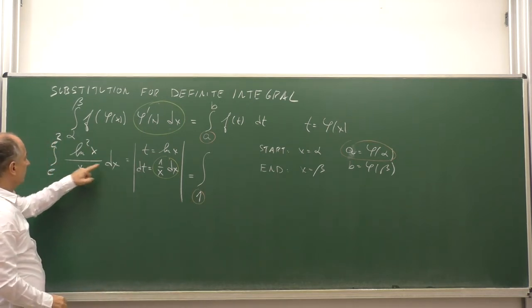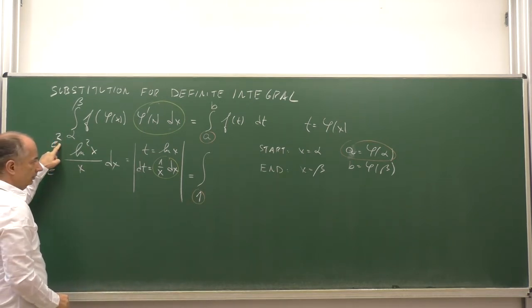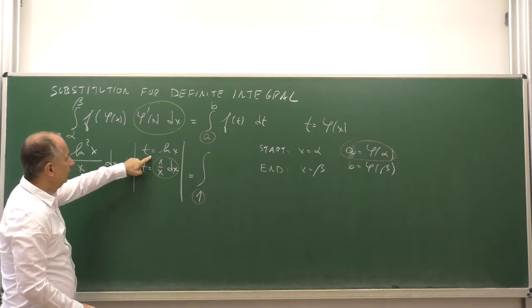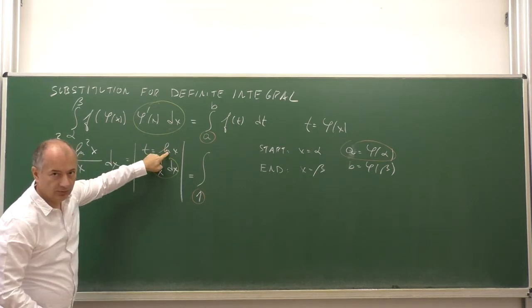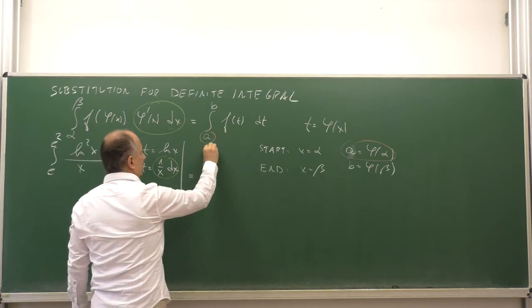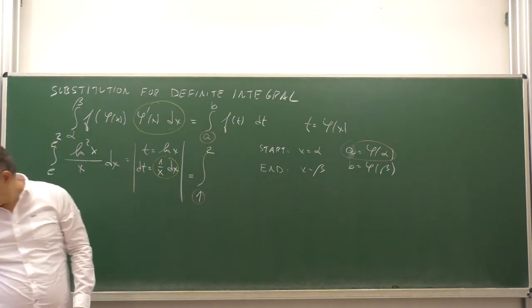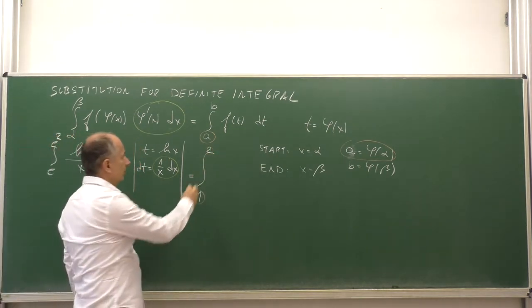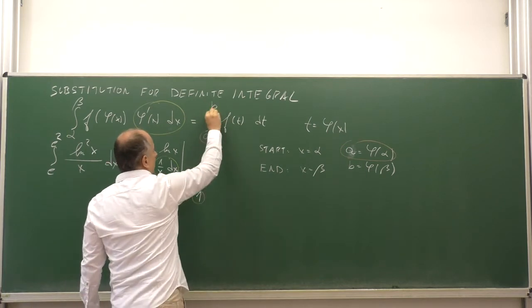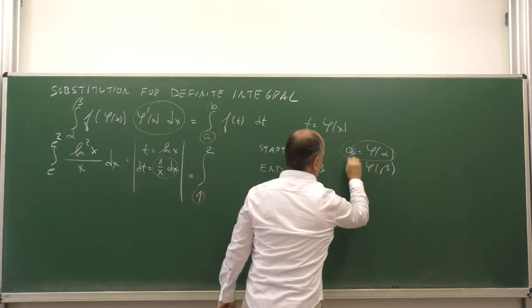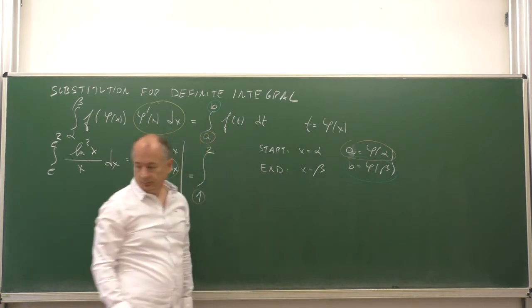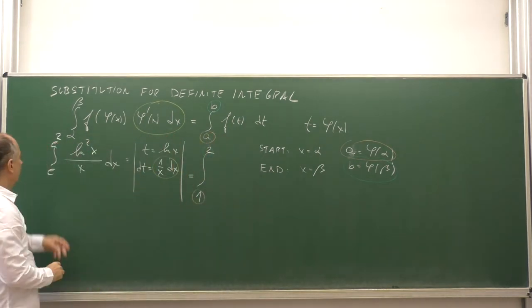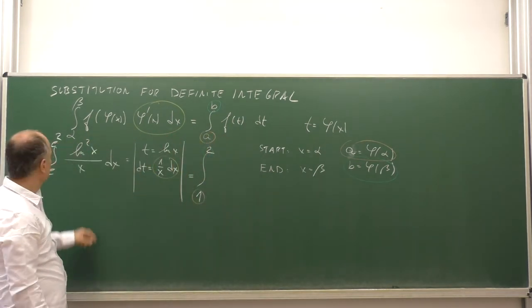And when x goes up to e squared, then t goes up to logarithm of e squared, which is 2. And this is the b, namely phi of beta, where beta is e squared.